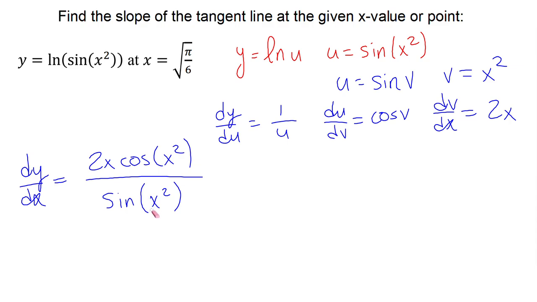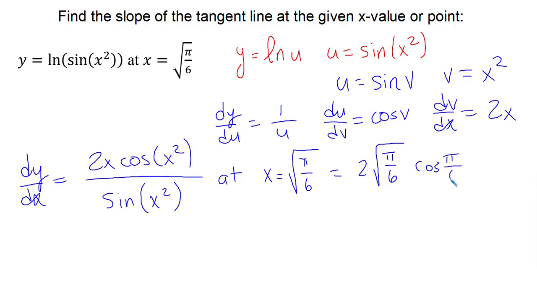And then we just need to go in and evaluate this at x equals the square root of pi over 6. So looks like that's going to give us 2 times the square root of pi over 6 to start with. And then we have the cosine of pi over 6.